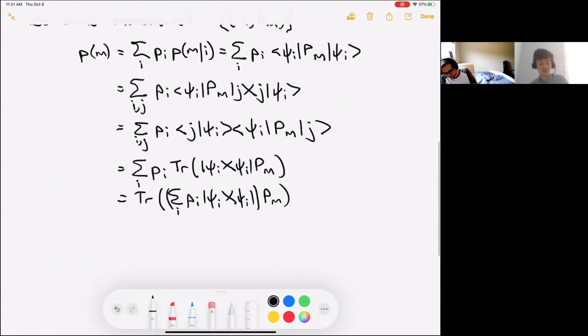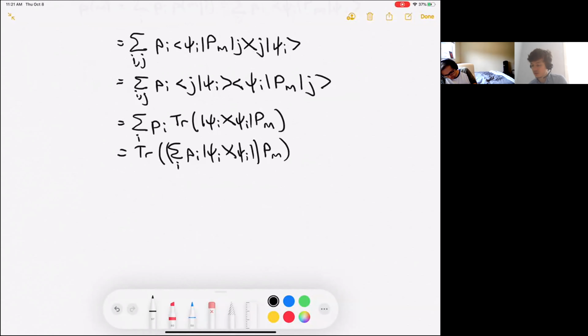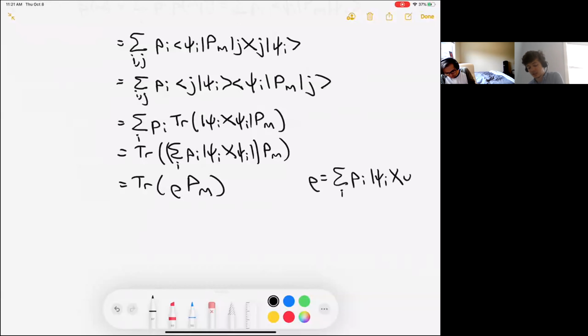So this whole quantity in the brackets, the sum over I of pi psi I, we call the density matrix of this ensemble, and it's conventionally labeled rho. Rho is literally defined to be a sum over I of pi psi I. This is the density matrix.